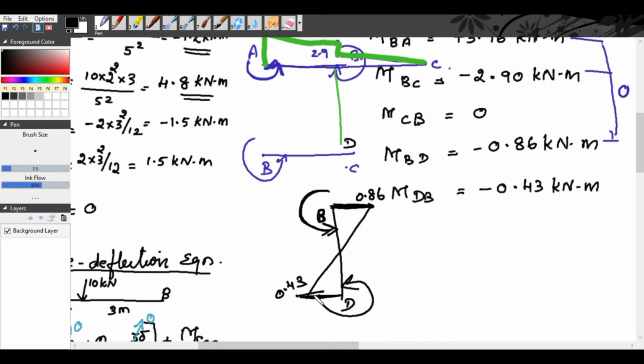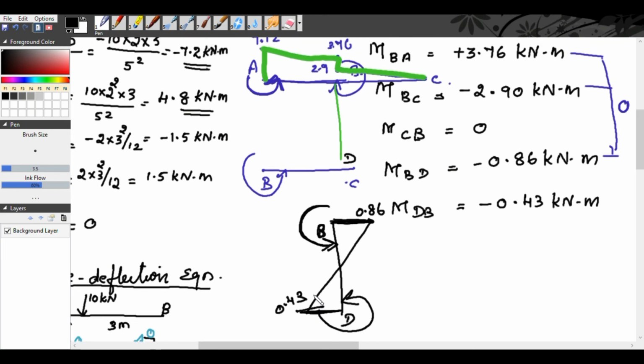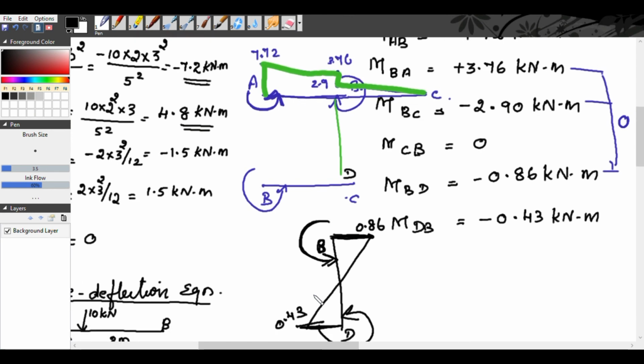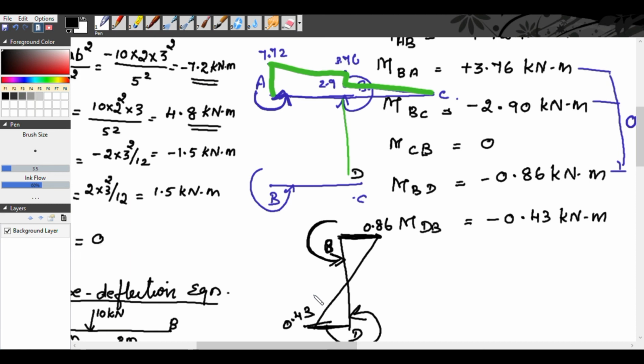Now I think you understood how to draw the bending moments. Now we will reimpose this into our diagram. Hope you understood.